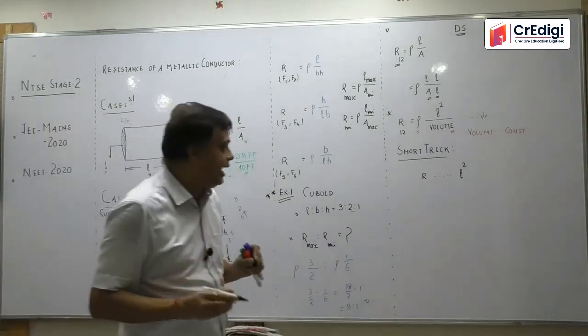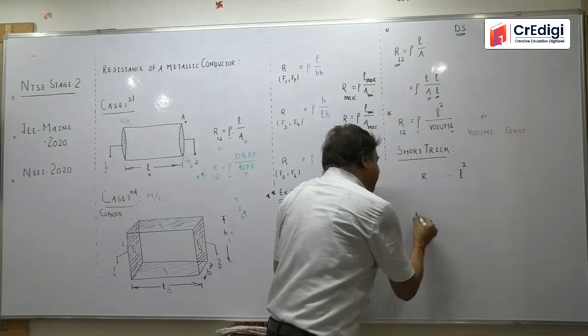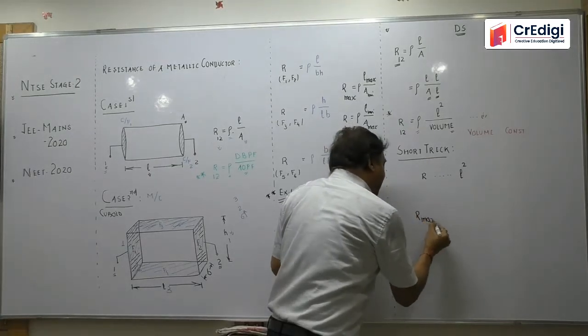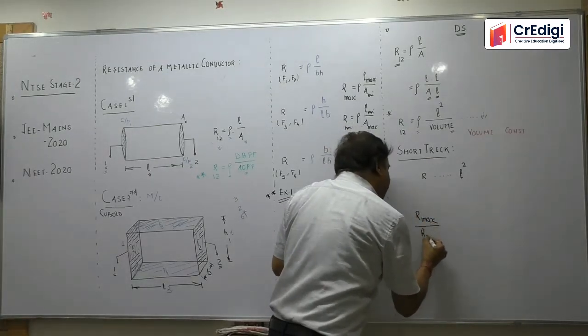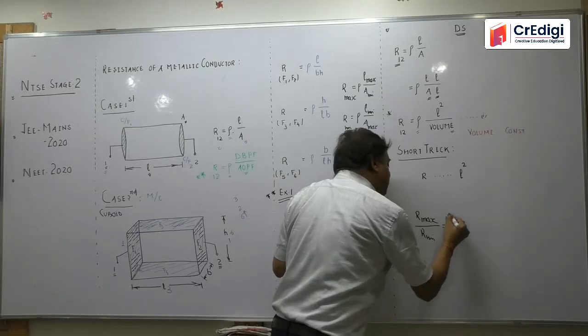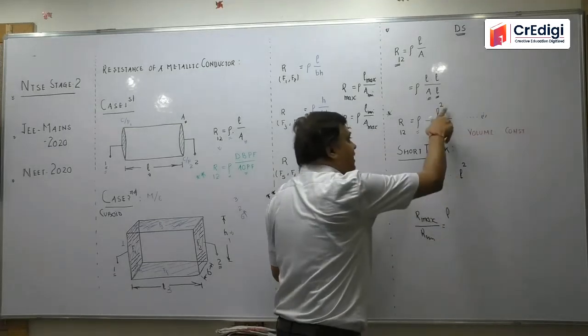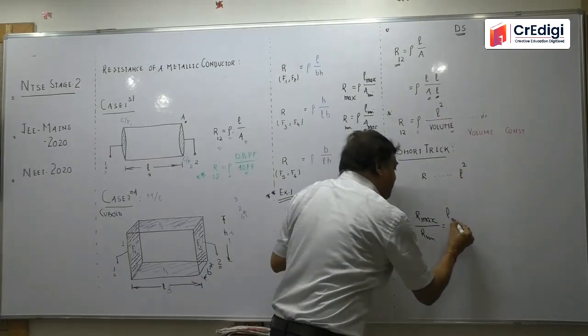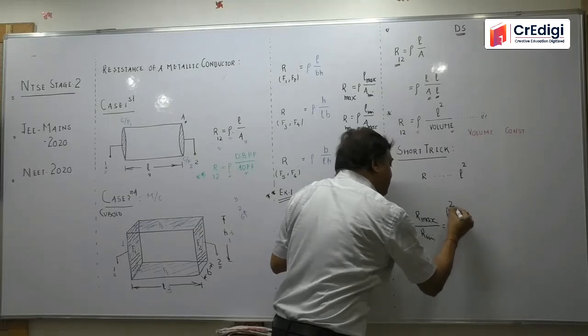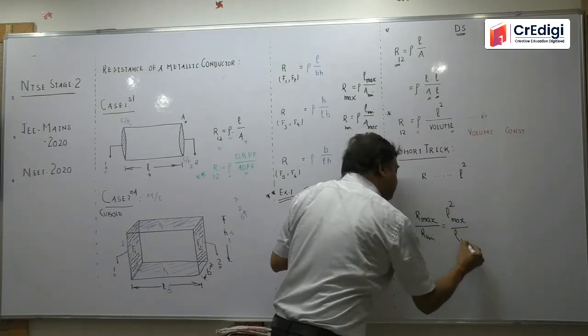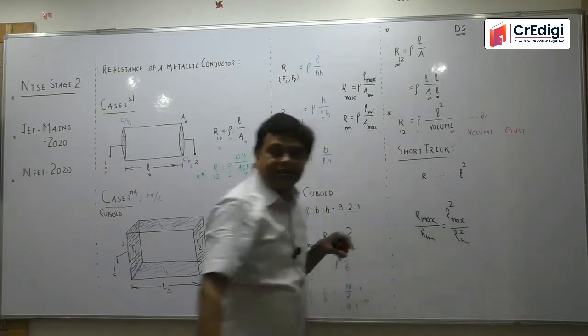अब आपने ये कहा, it means R max divided by R min should be equals to L, directly dependent to L square, means L max square divided by L min square. Try to understand it.